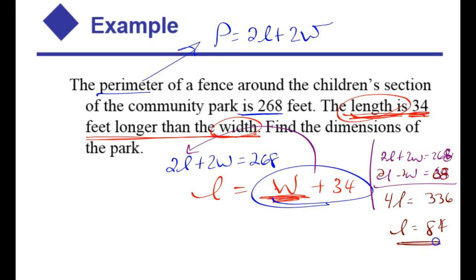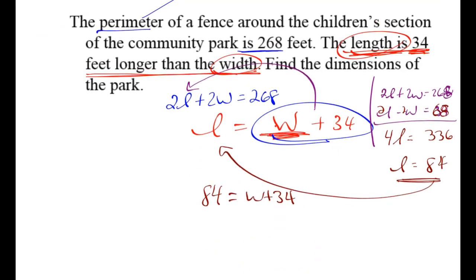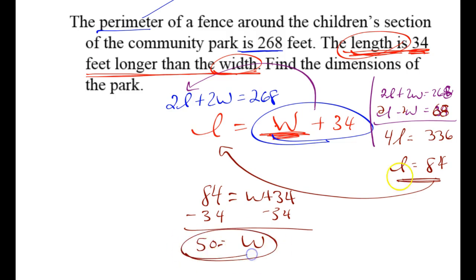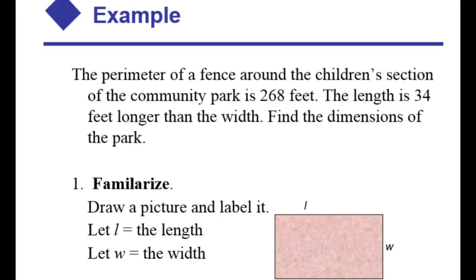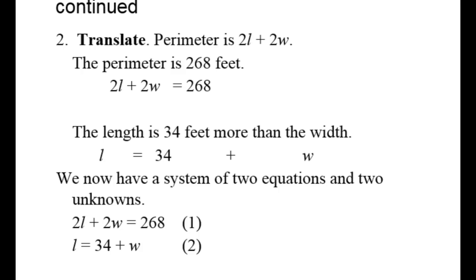Let's plug it in for the length. The length is 84. So 84 is equal to the width plus 34. So to solve for the width, I just subtract off 34 from both sides. So the width turns out to be 50. Again, I would not write it as length comma width because I don't know if you're doing length width or width length. I would just leave the answer by defining the length and defining the width.